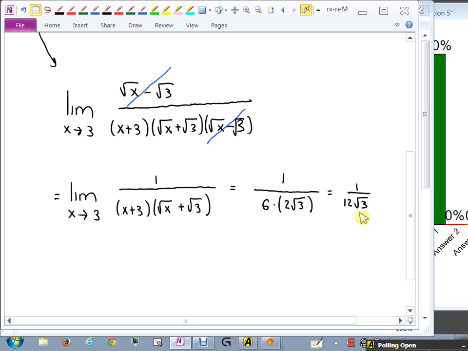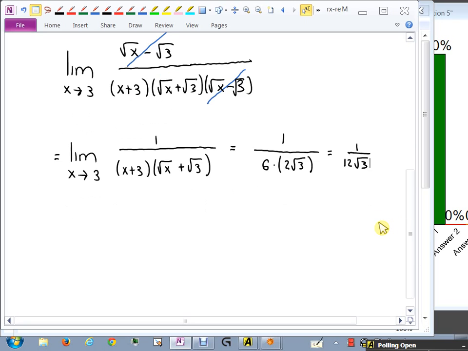Anybody have a calculator? Figure out what that is real quick. I mean, get it as a decimal. 1 divided by 12 root 3. About .04811, something like that.